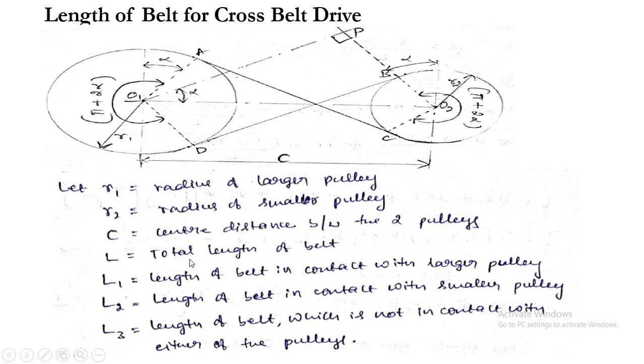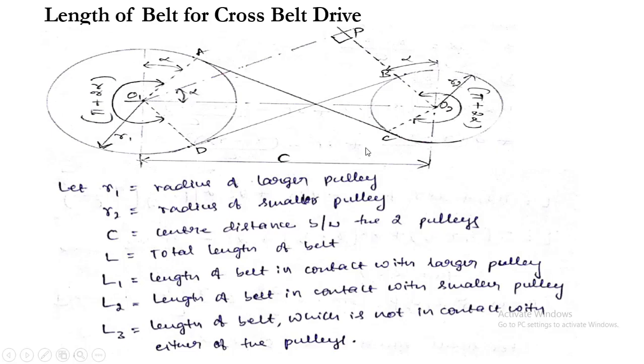Next, L is the total length of the belt, and L1 is the length of the belt in contact with the larger pulley, that is maybe from here A to D, or we can take it as from D to A. That is the total length of the belt in contact with the larger pulley, whereas L2 is again from B to C, or from C to B, that is the length of the belt in contact with the smaller pulley.